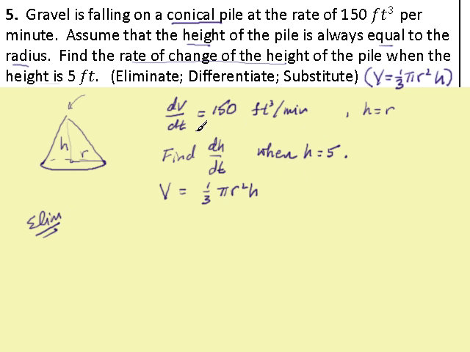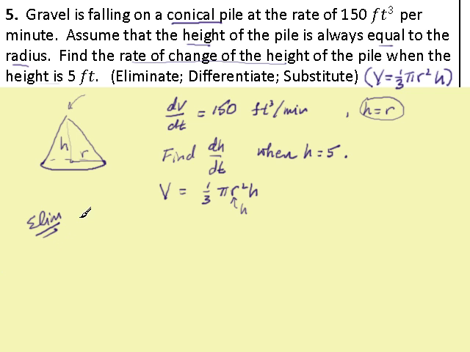Since we're asked to find dh/dt when h is equal to 5, we want to eliminate r, since r is not mentioned here. So let's eliminate r. It's going to be pretty simple because h is equal to r. Right here, instead of r, we're just going to put an h.